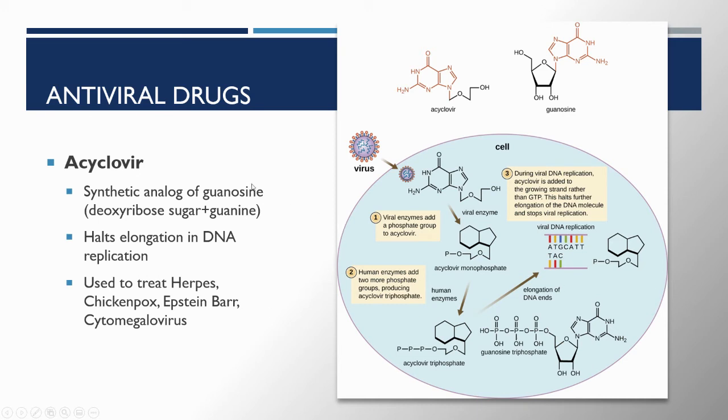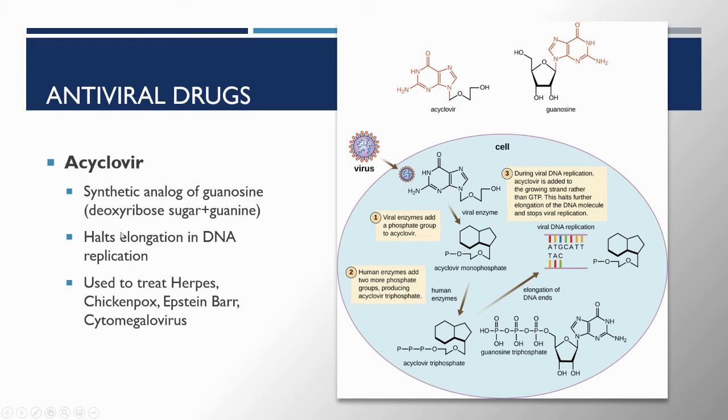Acyclovir is a common antiviral. It's used to treat the herpes class of viruses, so herpes, chickenpox, Epstein-Barr, cytomegalovirus. It halts elongation in DNA replication. So it stops us from making a copy of DNA.